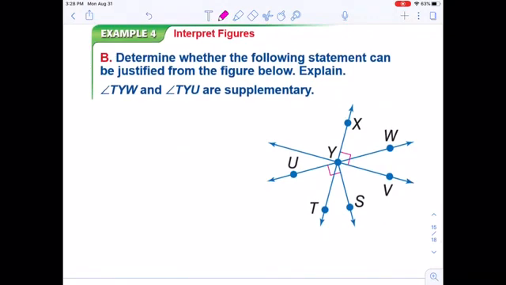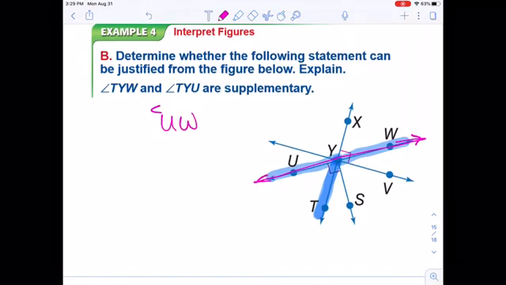Alright, this one we are going to determine whether the following statement can be justified from the figure below. Explain. So, are TYW and TYU supplementary? Now we're going to go ahead and say that UW is a line.